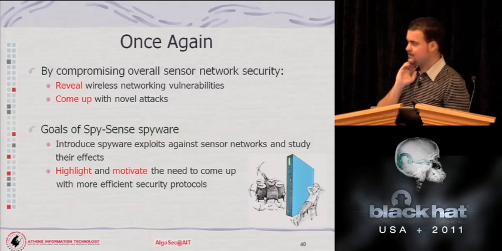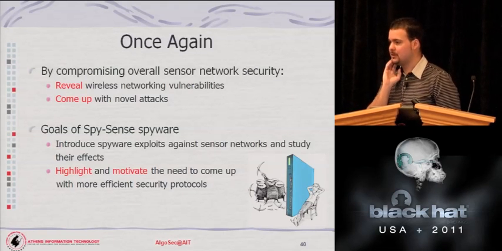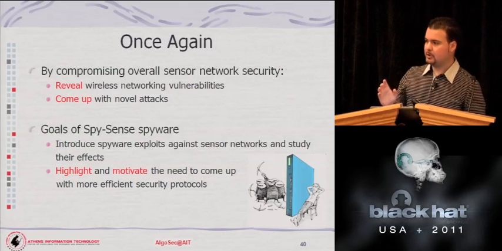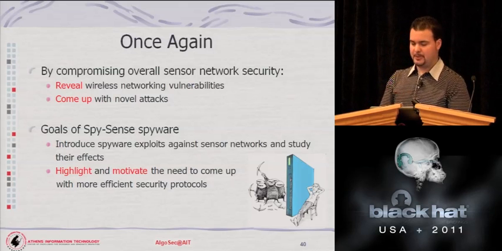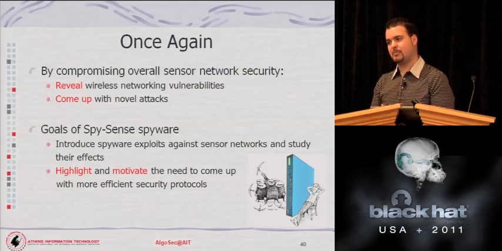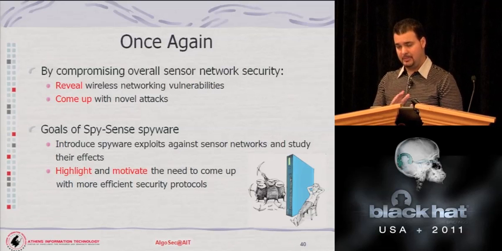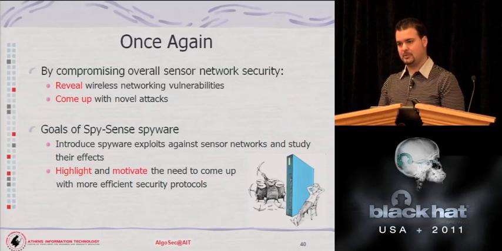Now, once again, by publishing such a tool, what we want is to explore network vulnerabilities and show the research community that more robust security mechanisms are needed, especially in the case of new applications in participatory sensing, where we deal with private and sensitive information.